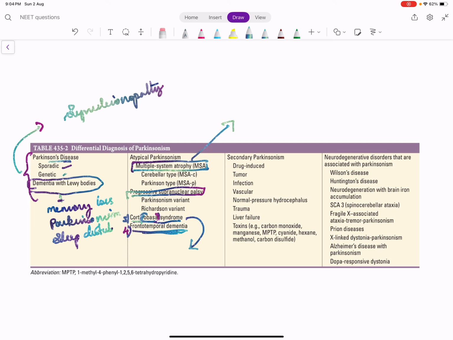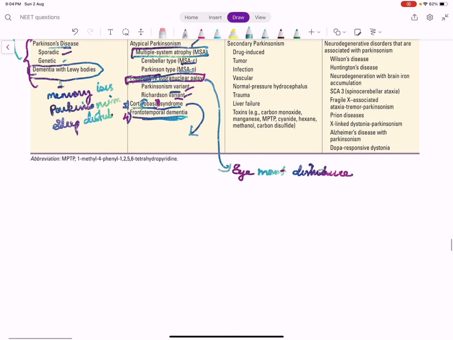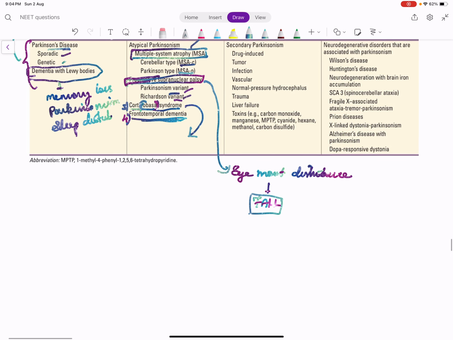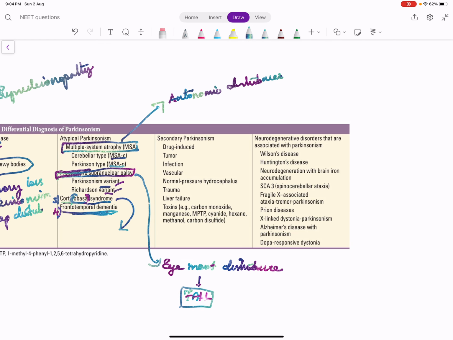Remember the clue: multiple system atrophy is of two types, MSA-C and MSA-P. It usually has autonomic disturbances. Progressive supranuclear palsy is of two types, Parkinson variant and Richardson variant. PSP usually has eye movement disturbances, that is, vertical gaze palsy: they cannot look up, they cannot look down. They have high chances of falling. So Parkinson disease with predominant falls is progressive supranuclear palsy.